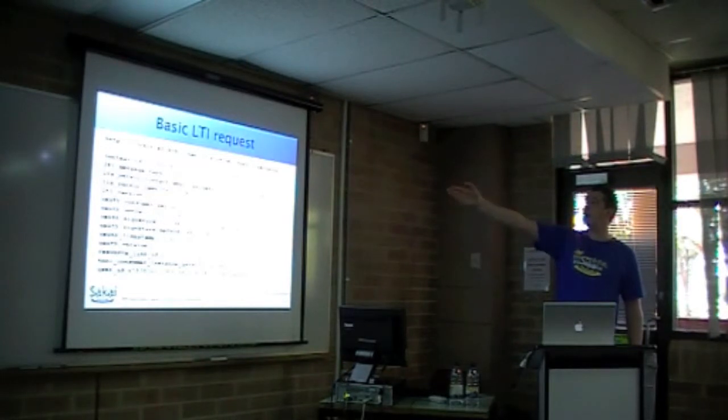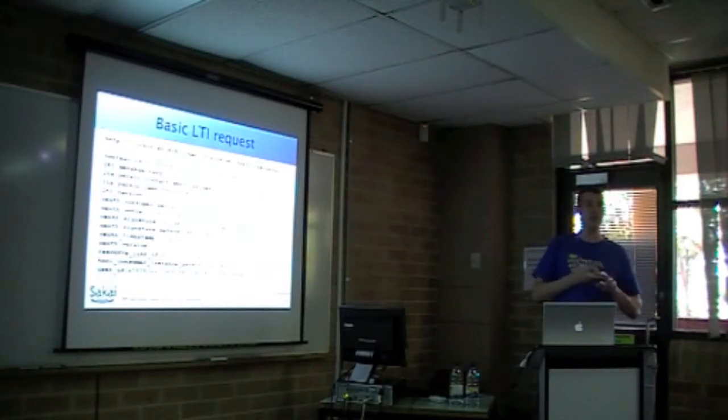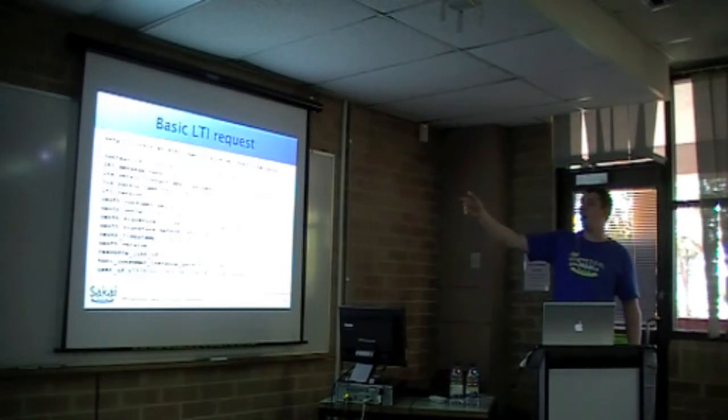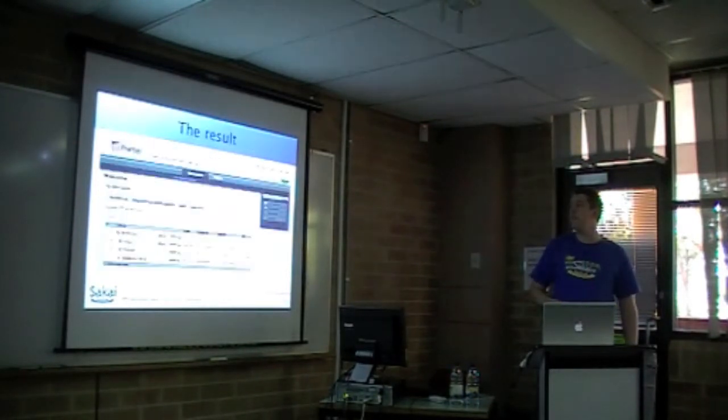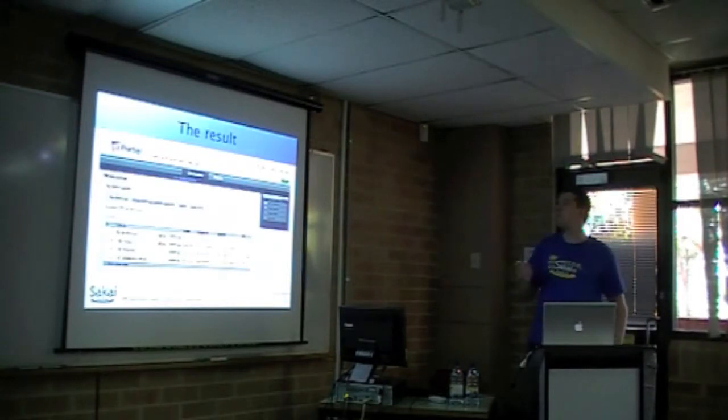So in this case, the Basic LTI provider in Sakai and the tool that we want to use, and then the rest of the stuff is essentially who that user is, which site we should render the tool from, and then the hash and the nonce and things like that to secure that request. I've left out a few parameters just because they didn't fit on, but the main part of that is that you're sending along the user ID, the site ID, the tool ID.